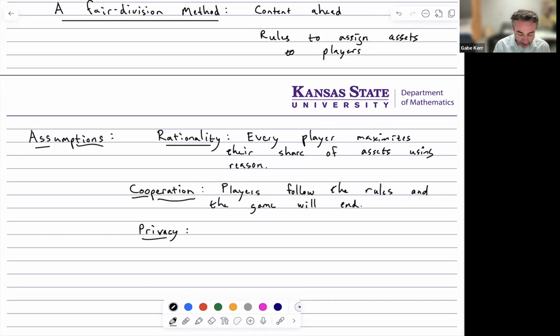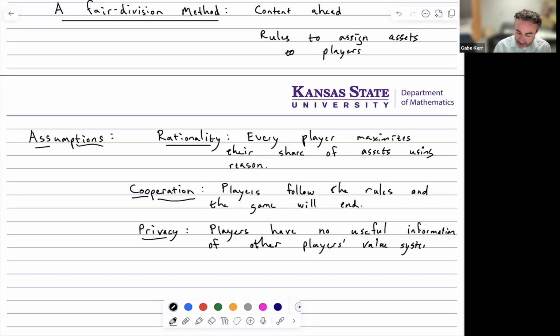What that means is that players have no useful information of other players' value systems. So let me explain what that means.